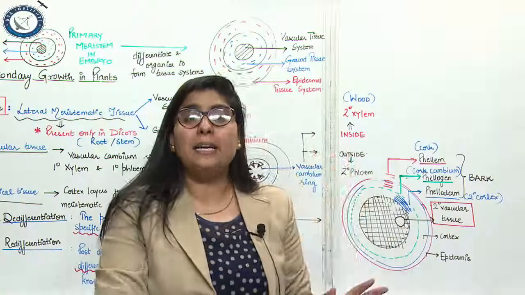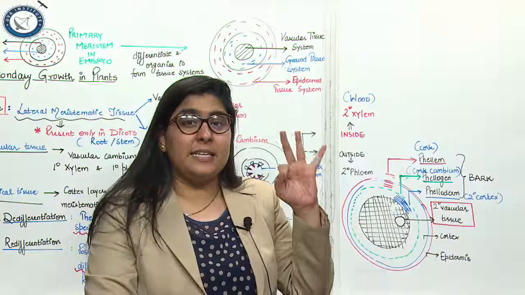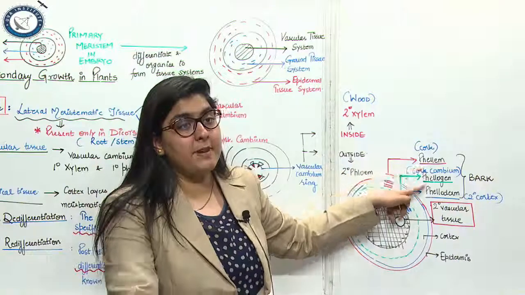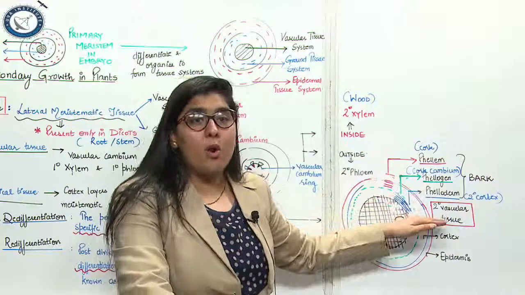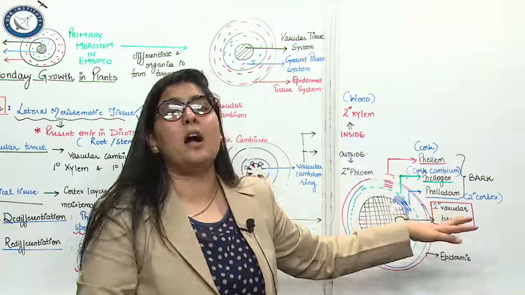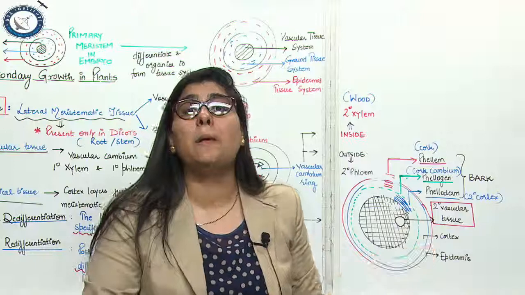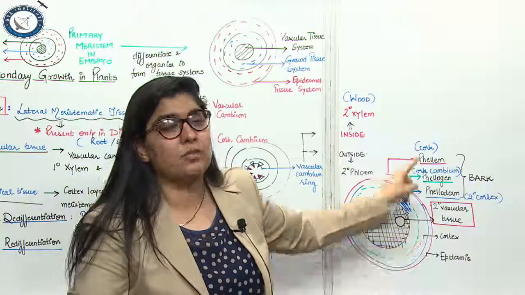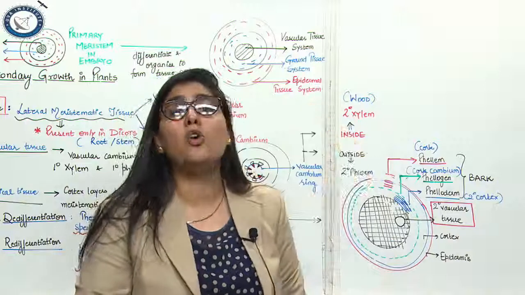So anatomically, bark consists of three tissue layers in a plant body: phellem, phellogen and phelloderm. All the anatomical tissues which are present outside the secondary vascular tissue are considered under the bark. The outermost layer of the bark, that is the phellem, the last-most, is known as the cork.